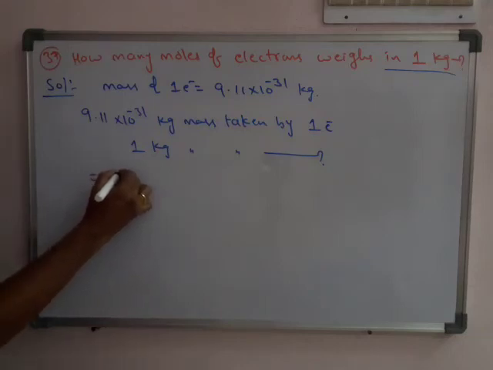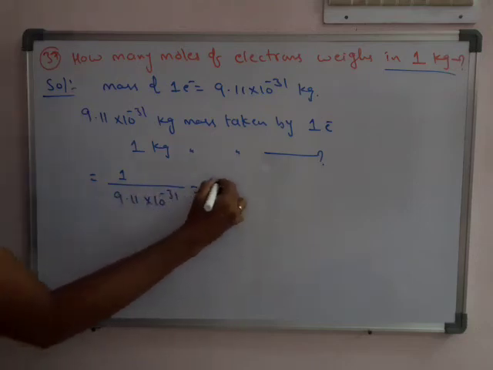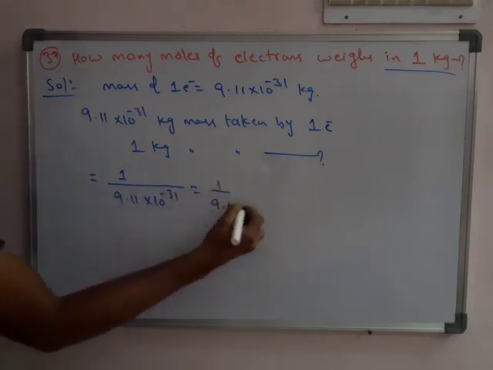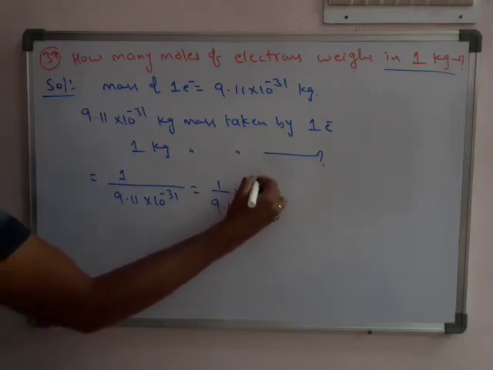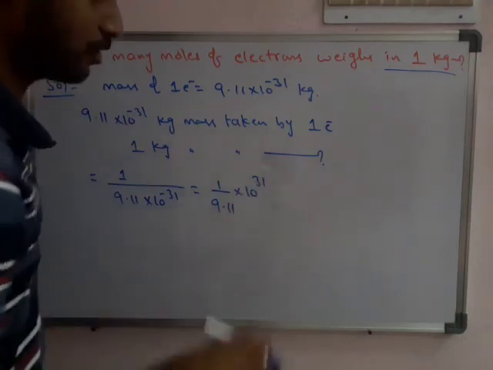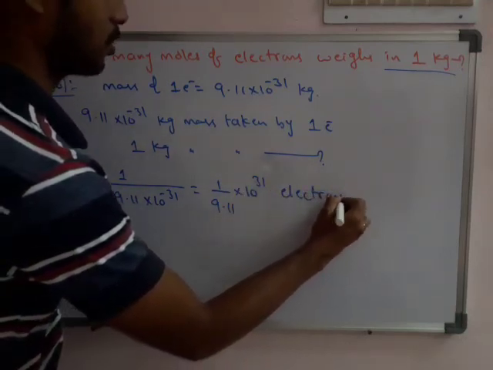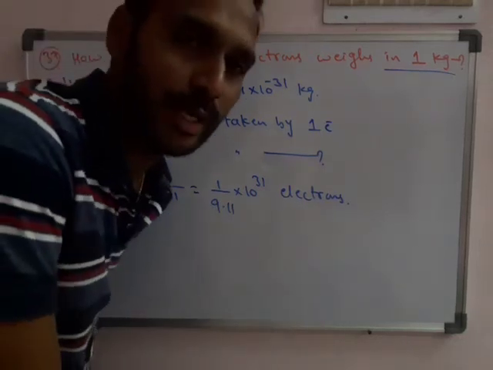So there is 1 by 9.11 into 10 power 31. This is step 2, but we are not yet calculating. 1 by 9.11 into 10 power 31 electrons are present in 1 kg.